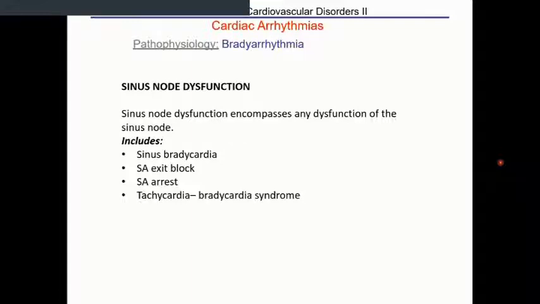Aside from extrinsic causes, like, as I mentioned earlier, being an athlete or being exposed to certain drugs that cause bradyarrhythmia, it can also be due to sinus node dysfunction, and the sinus dysfunction may lead to sinus bradycardia or SA exit block, or even cardiac arrest, and even the so-called tachycardia-bradycardia syndrome.